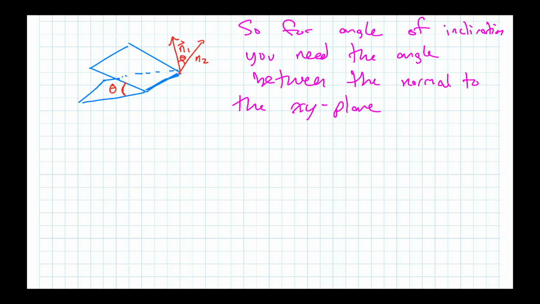The xy plane is horizontal, right? Flat on the ground. Its normal vector is just 0, 0, 1. That's just straight up. Its normal vector points straight up. So you just need the angle between the normal vector to the xy plane, which is 0, 0, 1, and the tangent plane that you calculate.